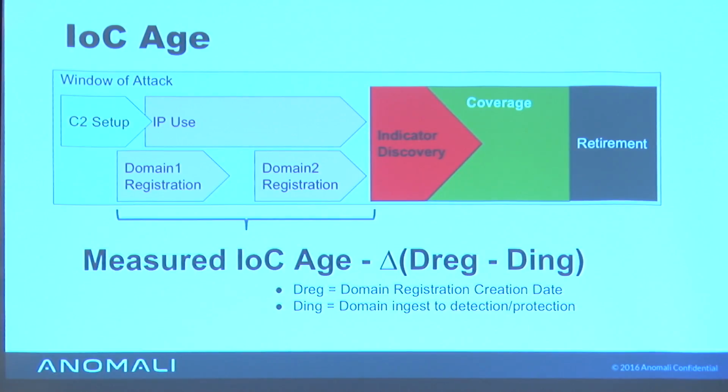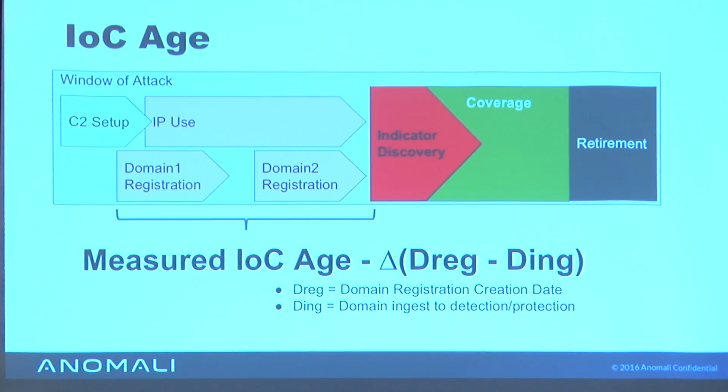So I was thinking, how do I measure this when I'm looking at threat intelligence data? If you think about the way that an actor sets up their infrastructure and starts using it, they create a C2, they register some domains, and then after they register the domains, they map them to a specific IP address where that C2 server is sitting, and then they start operating there. Sometime in the future, somebody gets popped, and the indicator gets discovered.